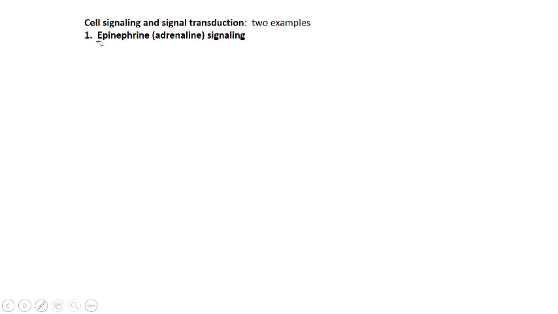All right, so for those of you who are interested in epinephrine, it's a molecule that's made from an amino acid. It's a tyrosine derivative. I believe that's what the structure is.